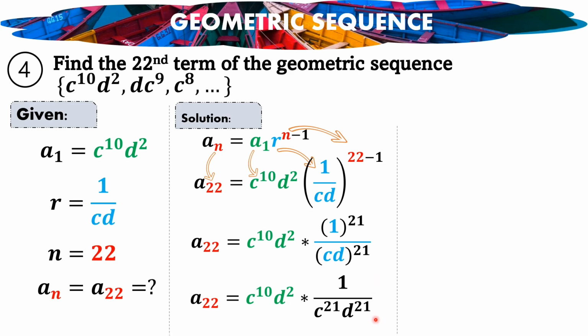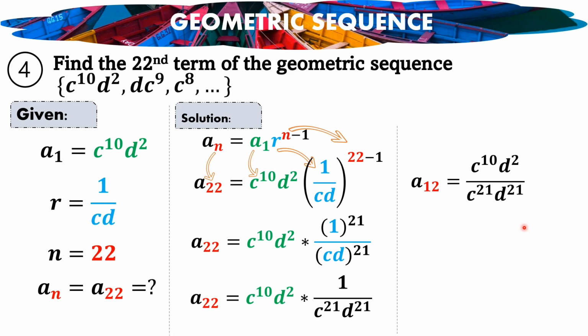So we have a sub 22 equals c raised to 10 d squared times 1 over c raised to 21 d raised to 21, which equals c raised to 10 d squared over c raised to 21 d raised to 21.